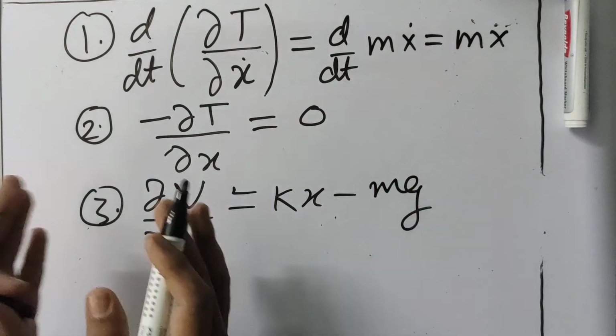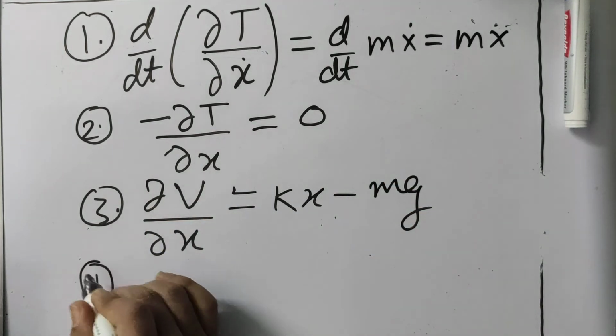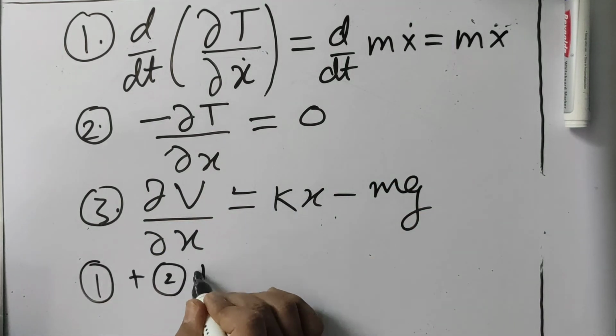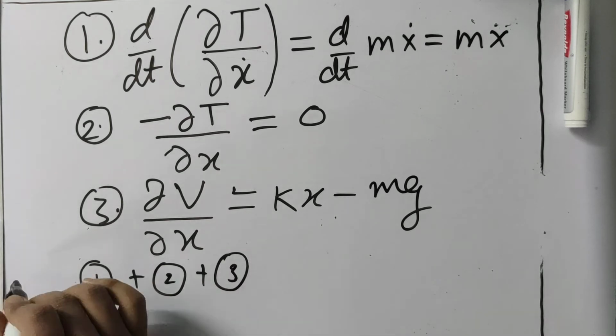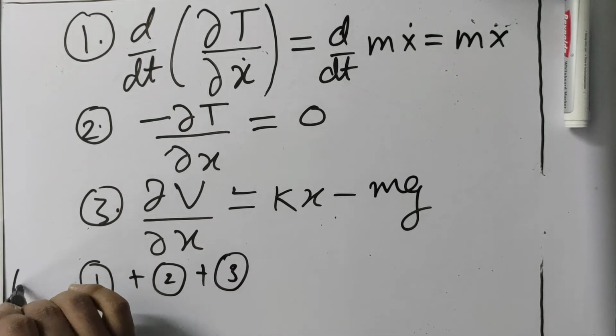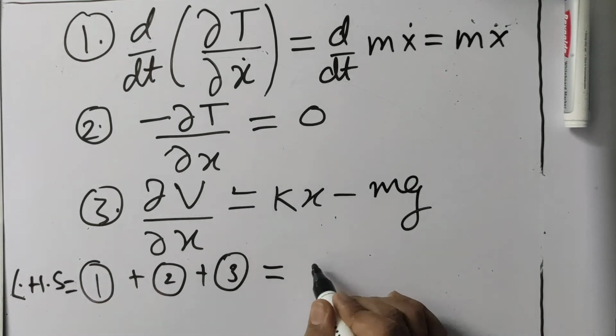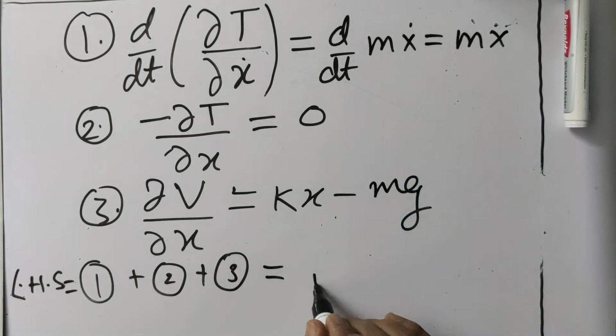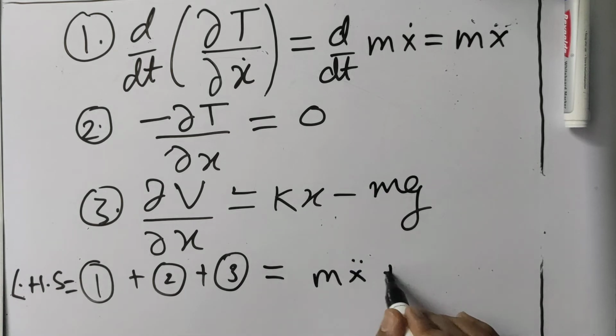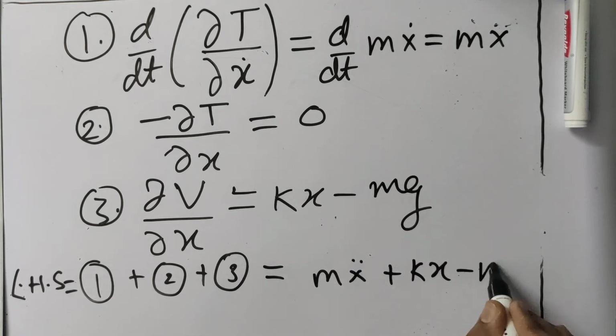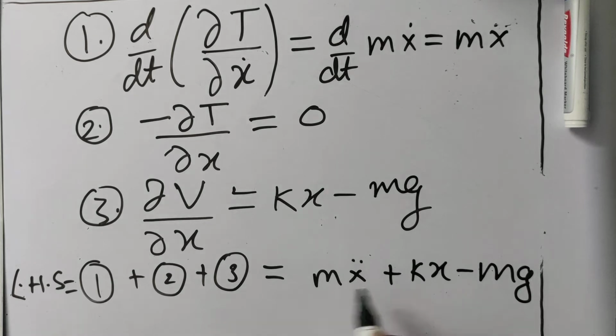And what do we get by adding them? 1 plus 2 plus 3. That is our LHS. Is it visible? Yeah. This is basically equal to this stuff. This is what you get, our LHS.